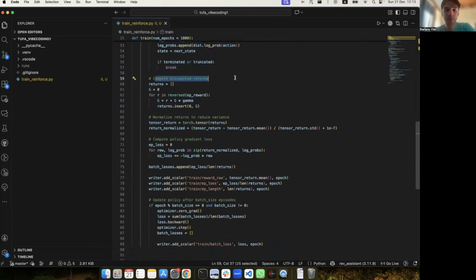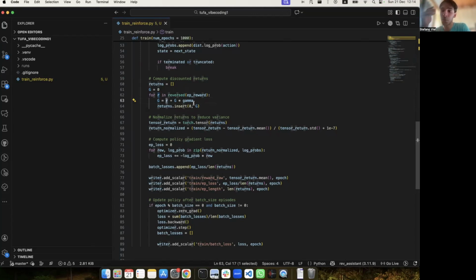Then we compute the discounted reward. This is slightly different from what I showed before, but the intuition is the same. So G, which will then be inserted in our returns, collects the discounted reward so far, and we start from the end. So the very last element will have G0 and will have only the reward. And this makes sense because the very last element doesn't have anything ahead of it.